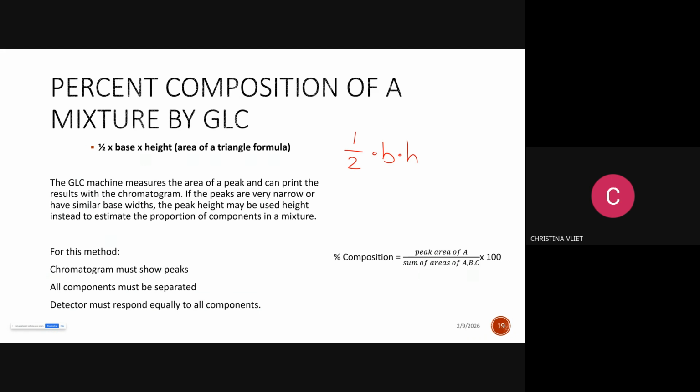And by the way, this is the area of a triangle, right? So its area is 1/2 base times height.